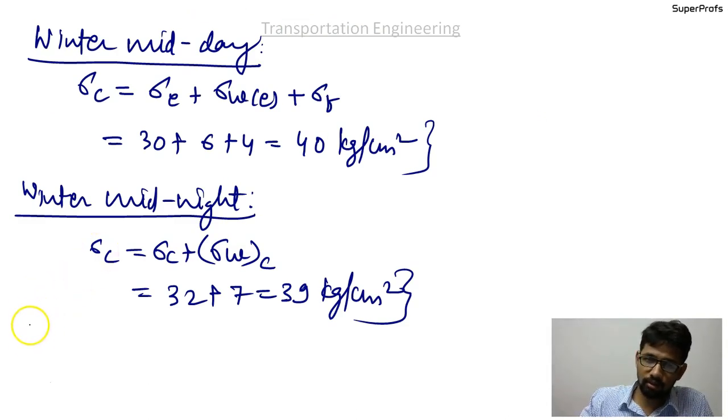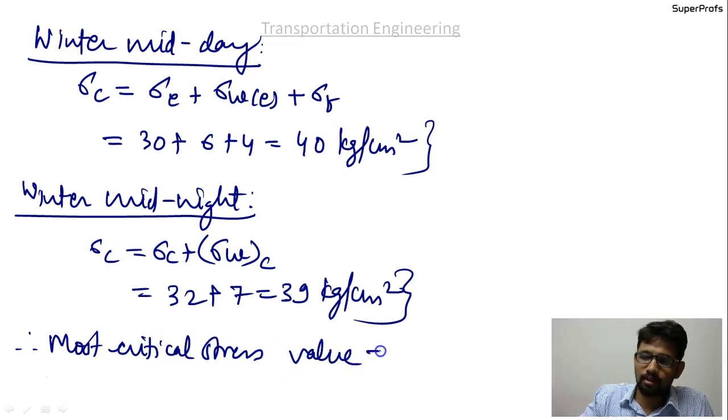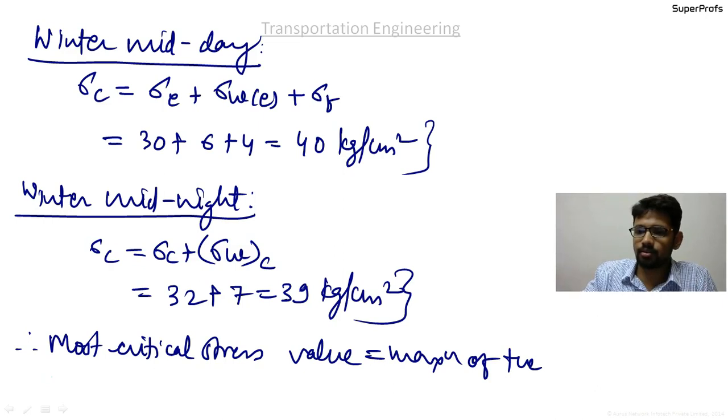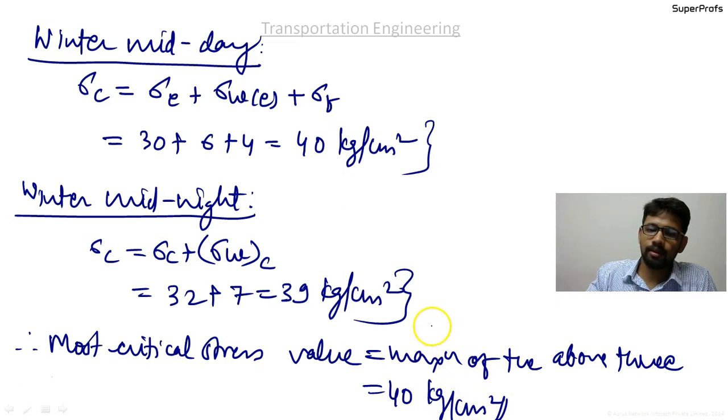Therefore, the most critical stress value is equal to the maximum of the above three, that is equal to 40 kg per centimeter square.